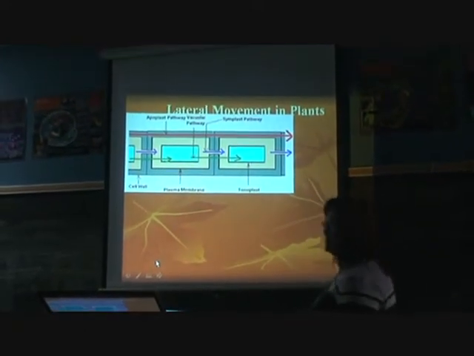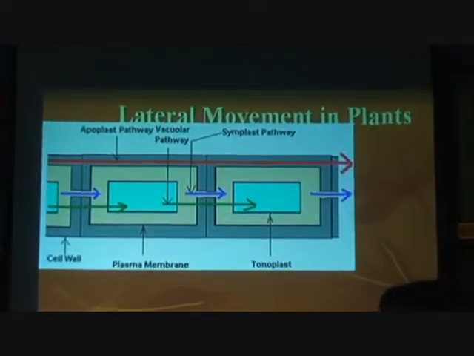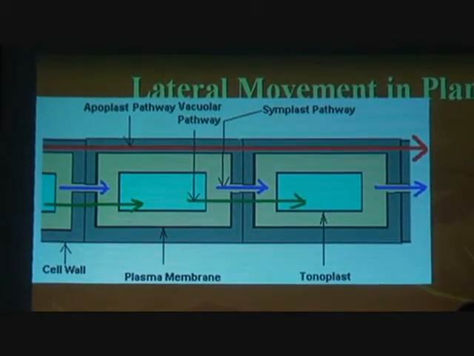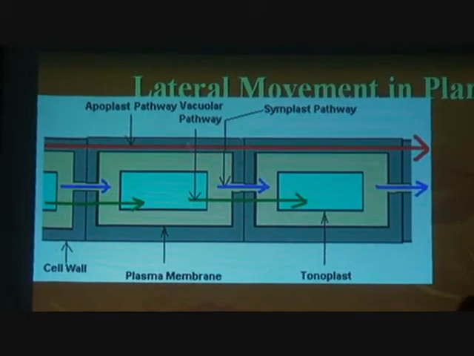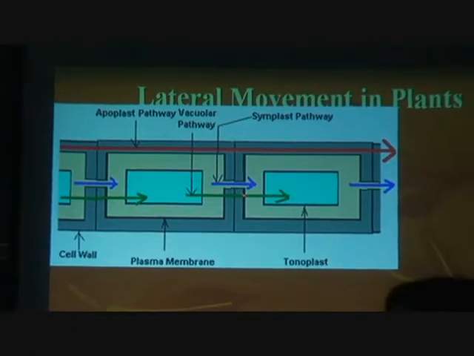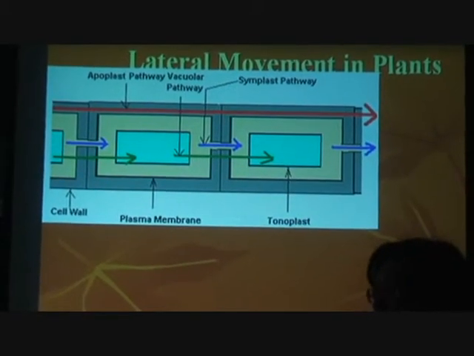It's just more vocabulary for you to learn. Symplastic movement means when you have something, whether it be a protein or an ion, moving from the cytoplasm of this cell directly to the cytoplasm of that one through the plasmodesmata, it's called symplastic movement.